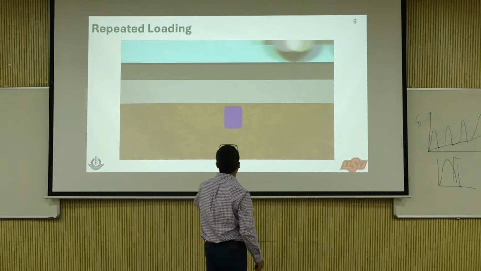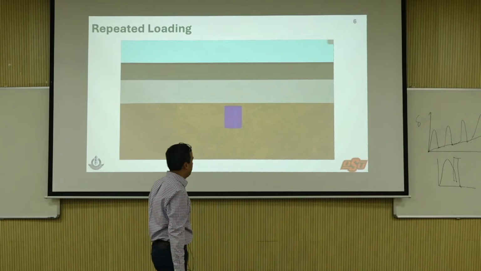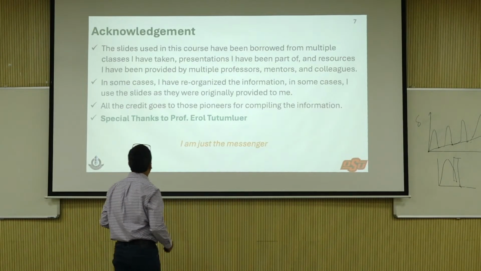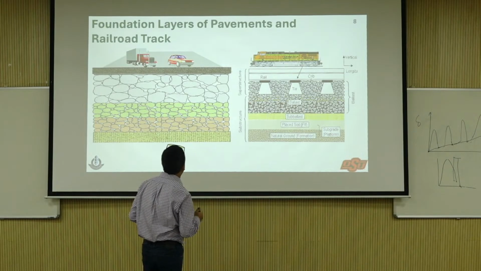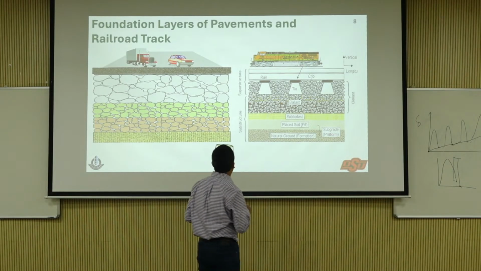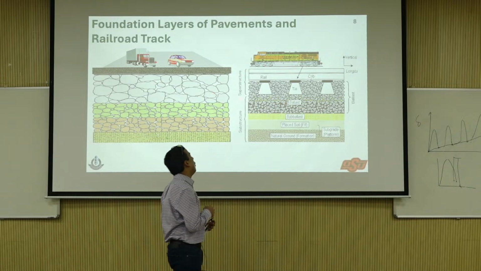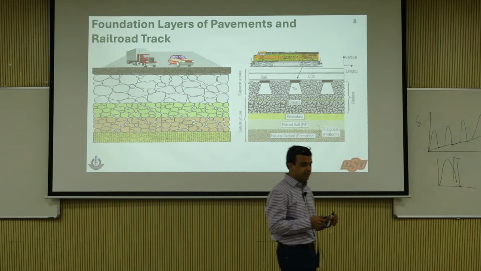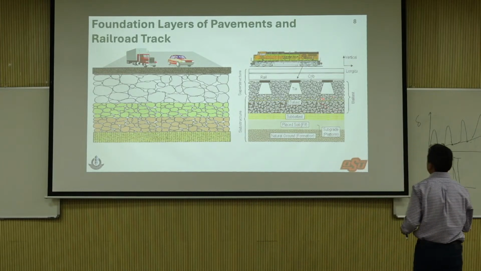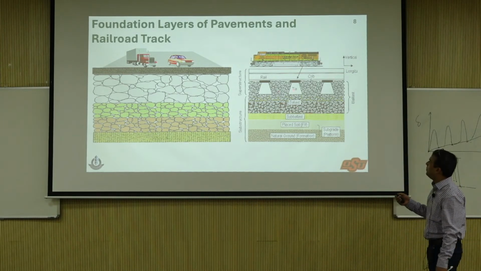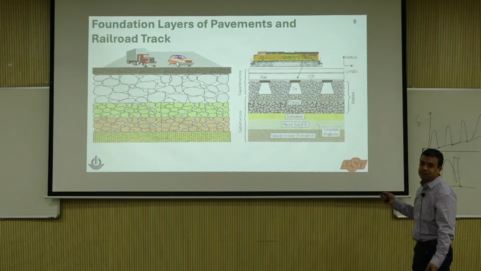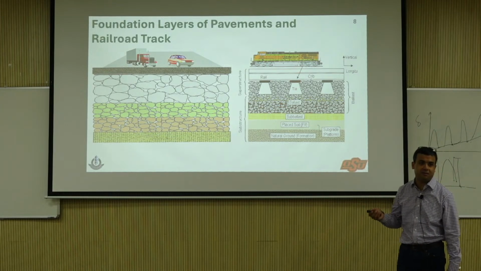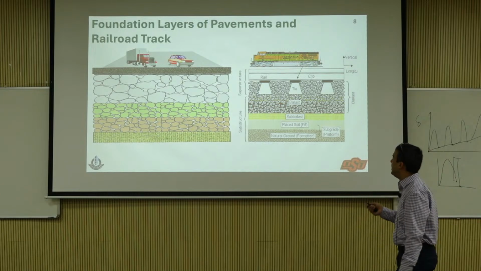So this is basically stress versus strain under repeated loading. Again, this is the acknowledgement side. I took a lot from Professor Tumler and stuff, and the whole idea is that it holds for both pavements as well as railroads. This is probably the first time I'm showing this to you all. Those of you who are not familiar with the cross section of a railroad track, you have the rail, you have the tie, sometimes you call it sleepers in Europe, and in India you call it sleepers.